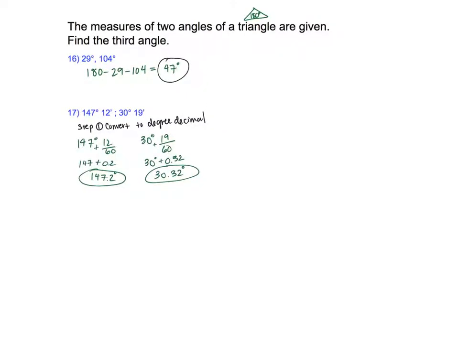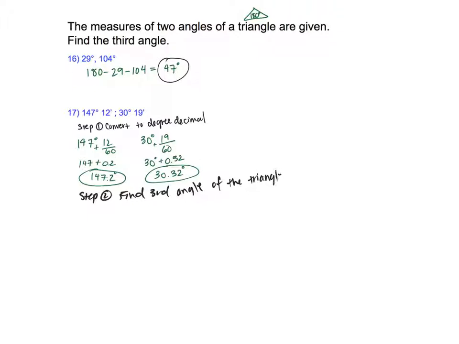So I've done step one, I've changed them to degrees. Now this problem looks like the earlier one. I'm given two angles, and I need to subtract them from 180. So the next step is to find the third angle of the triangle.